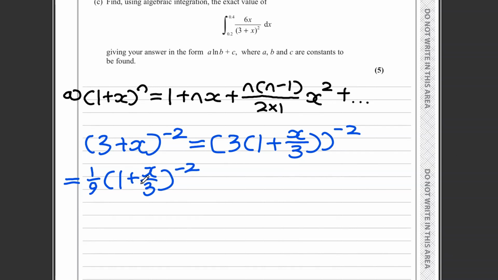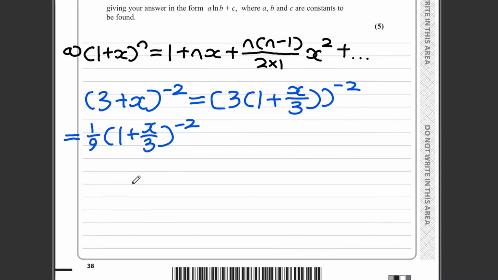And now we can use this formula here on this 1 plus x over 3 to the power of minus 2 because we have this 1 here. So if we do this, remember we need to multiply this entire thing when we're expanding it by 1 over 9.